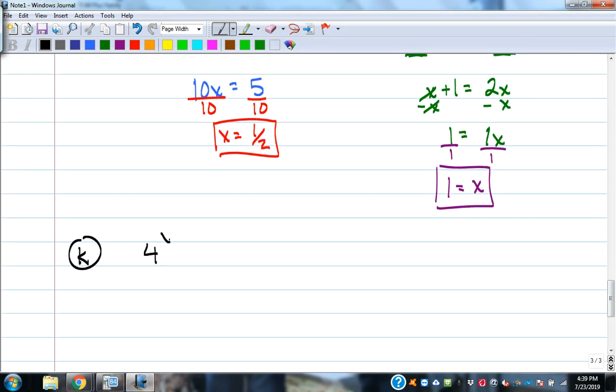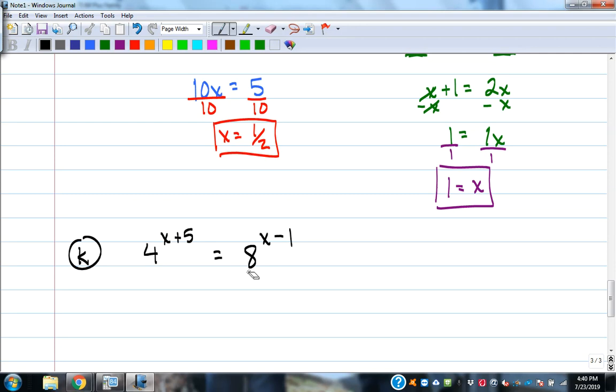So we had 4 to the x plus 5 equals 8 to the x minus 1. All right. So we're going to take these and try to get the bases the same. So 4 and 8, they're related, but not exponentially. 4 times 2 is 8, but that's not 4 to a power.